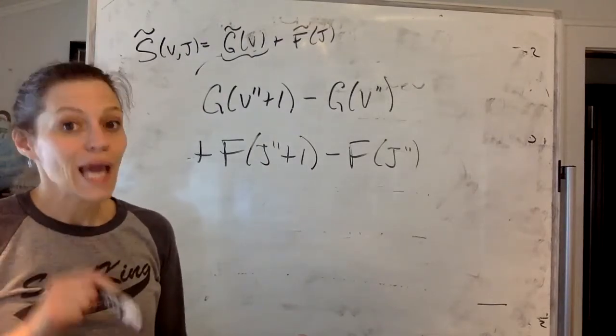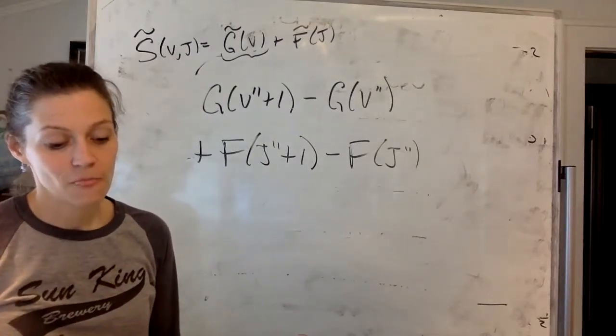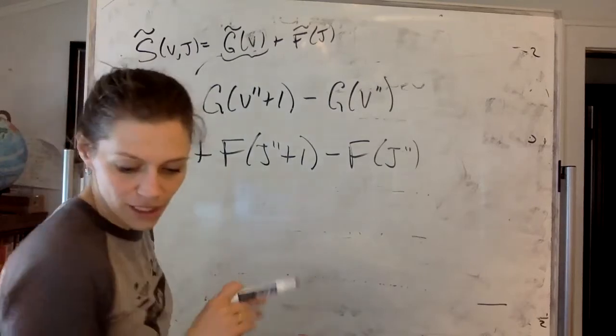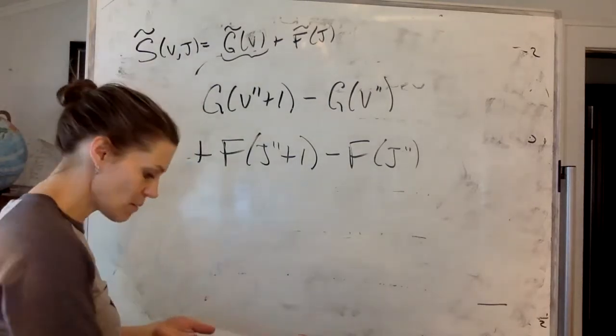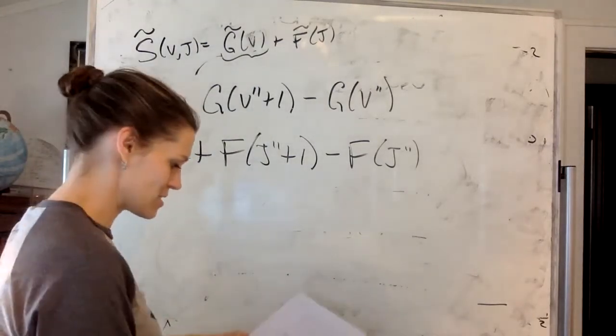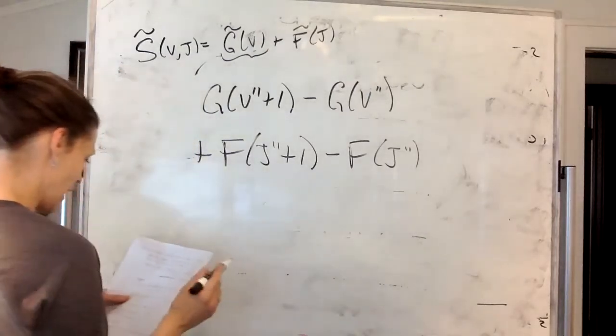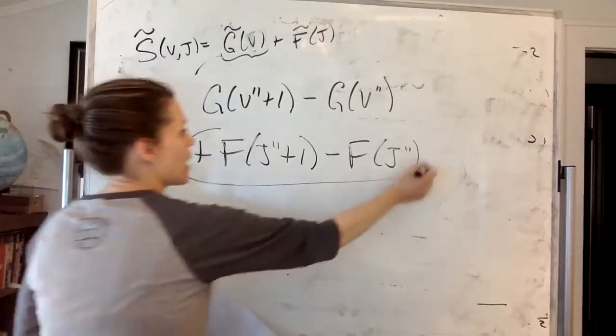What you should get, and you need to show this, is, and I'm going to give it to you because it helps to recognize what you're going to get. So I'm just going to give you the delta F part.